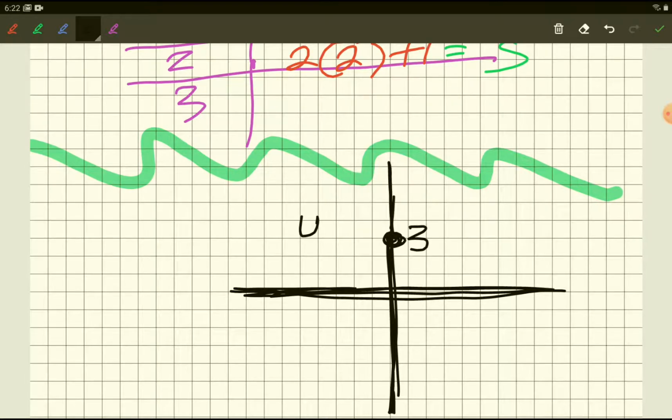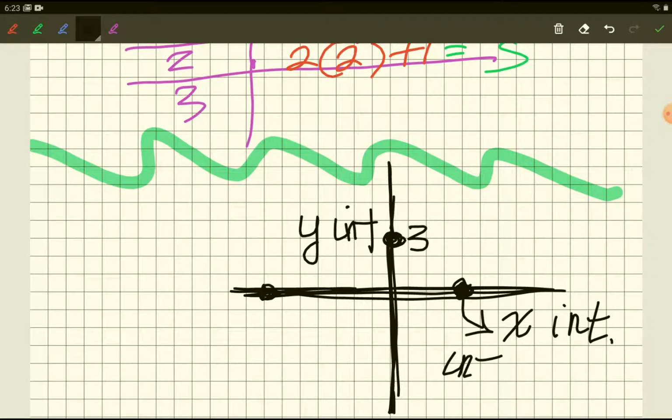So that would be your y-intercept. Anything intersecting the x-axis, this is known as the x-intercept. X-intercept. Y-intercept.